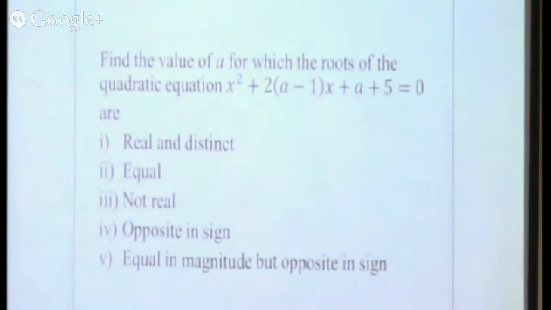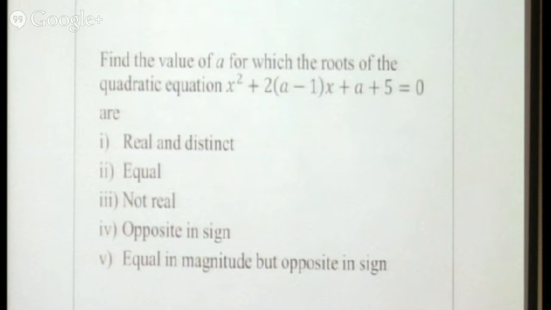Find the value of A for which the roots of the quadratic equation are this. Oh, this is not one problem. These are not the choices. You have to do everything. For what value of A will the roots be real and distinct, equal, not real, opposite in sign, so many things. So we are also trying to understand this concept through it.